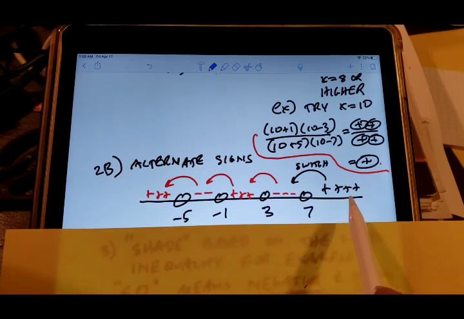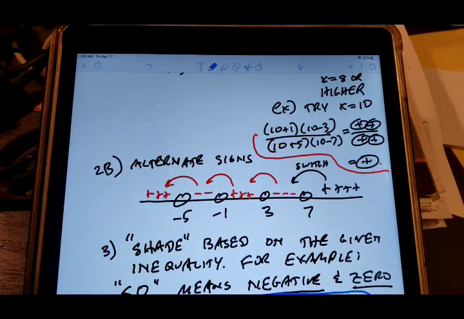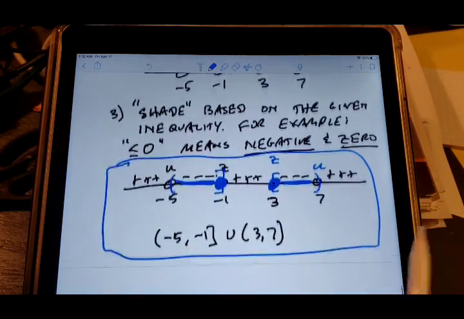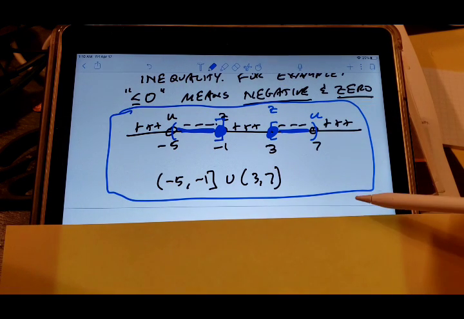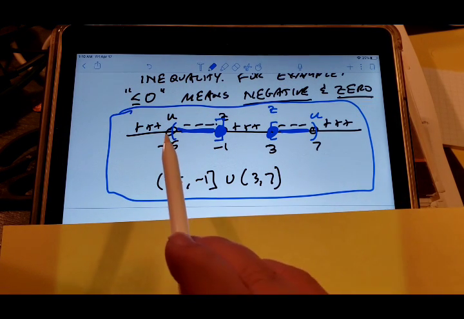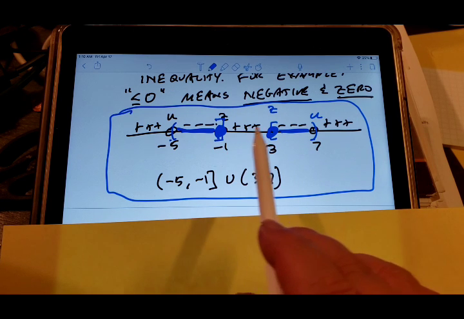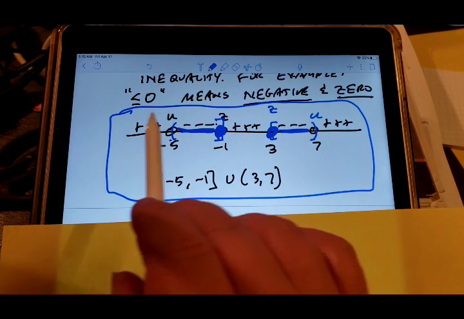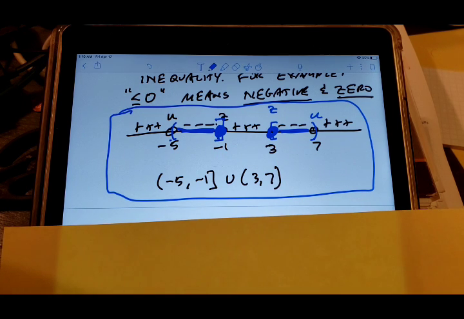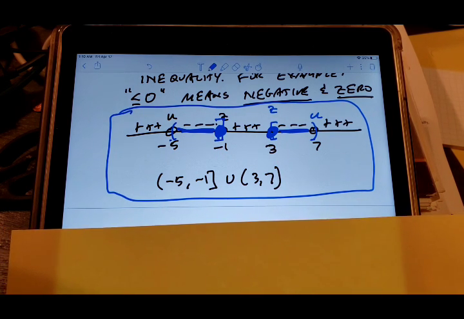So I just want to emphasize that if you know patterns, this problem can be done in just this much space. Plot the undefineds, plot the zeros, test the point, switch the signs, shade where you're supposed to shade. I'm not saying it's easy. I'm saying it doesn't take that much space.